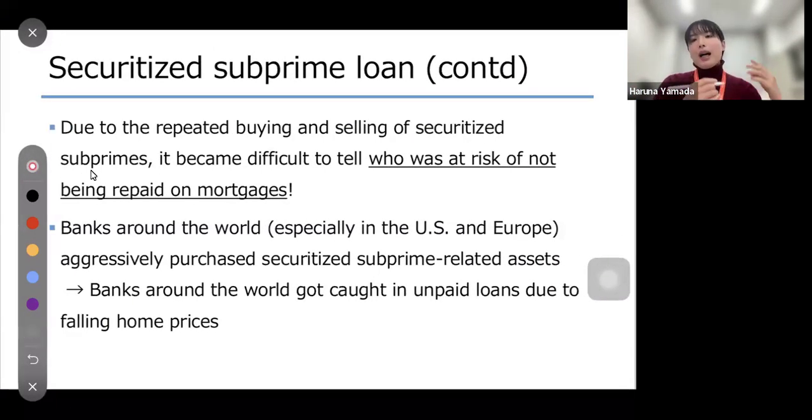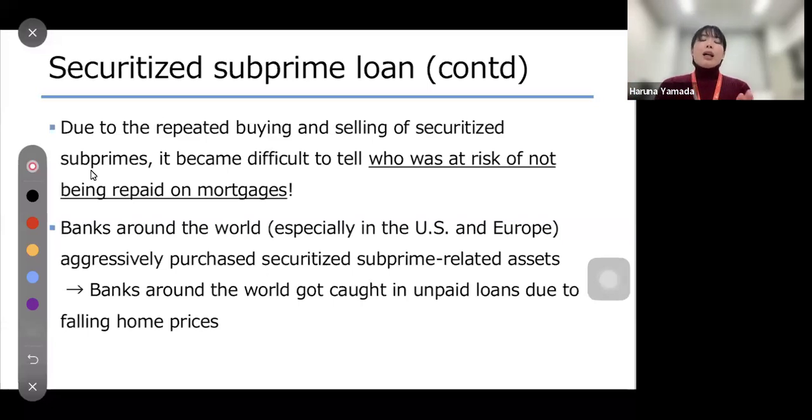when we repeat buying and selling the securitized subprime loans, then it becomes complicated. Due to the repeated buying and selling of securitized subprime loans, it became difficult to tell who was at risk of not being repaid on mortgages. So it's hard to identify who has subprime loans and who faces the risk of unpaid loans.